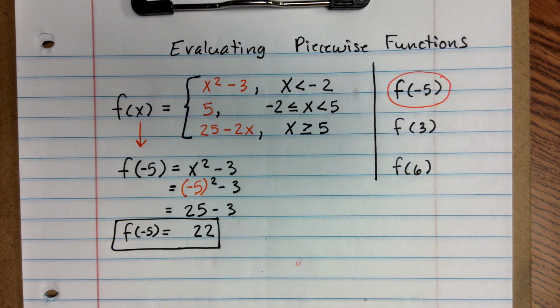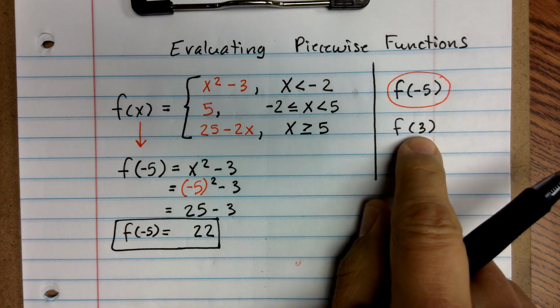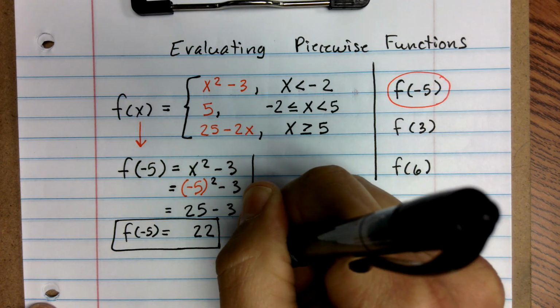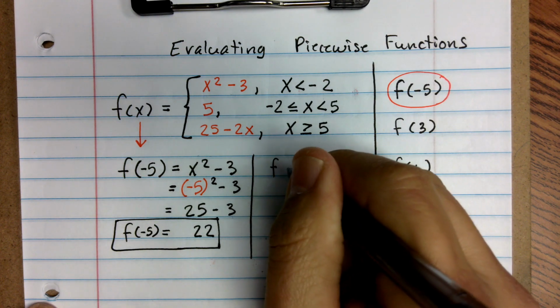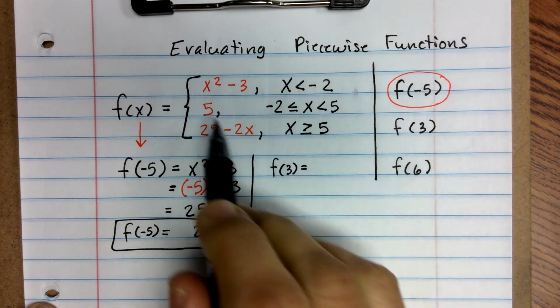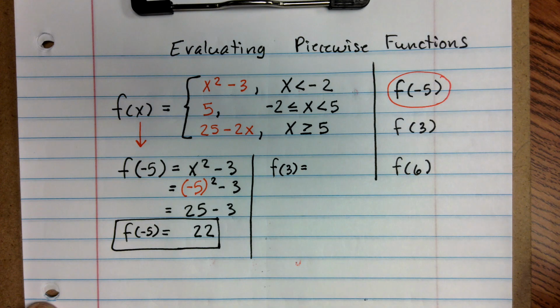So that problem's done. Now we're going to do the next one. Notice that we're trying to find f of 3. So I'm going to write a line right here, just kind of separating it, and I'm going to write f of 3. So I want to know which one of these answers do I use for f of 3.